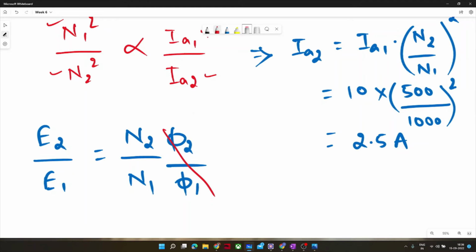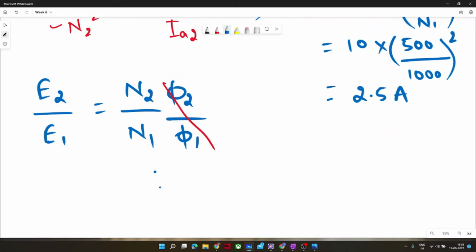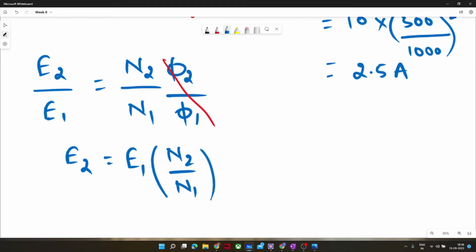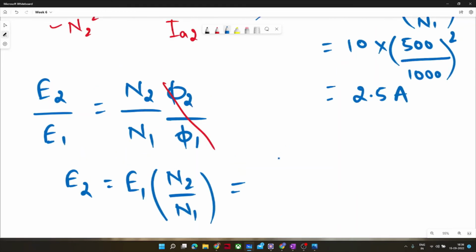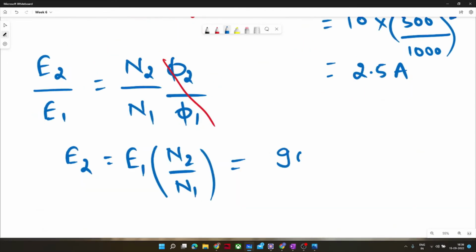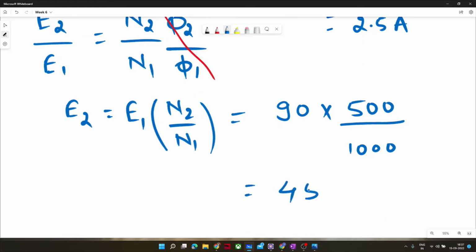So I will calculate E2, which will be equal to E1 into N2 by N1. And E1 we calculated, it was 90 volt. So 90 into 500 divided by 1000 would come out to be 45 volt.